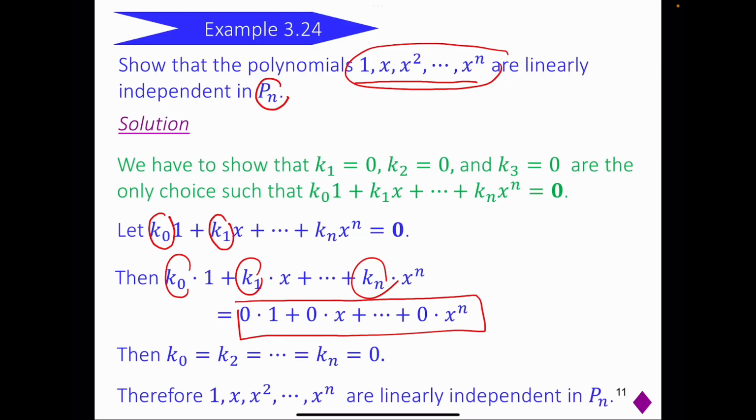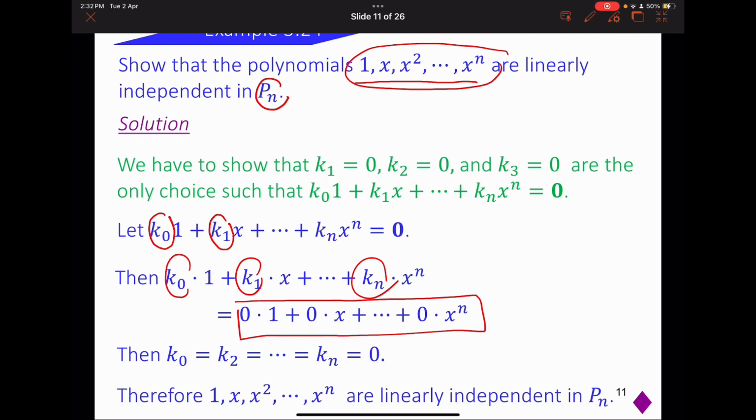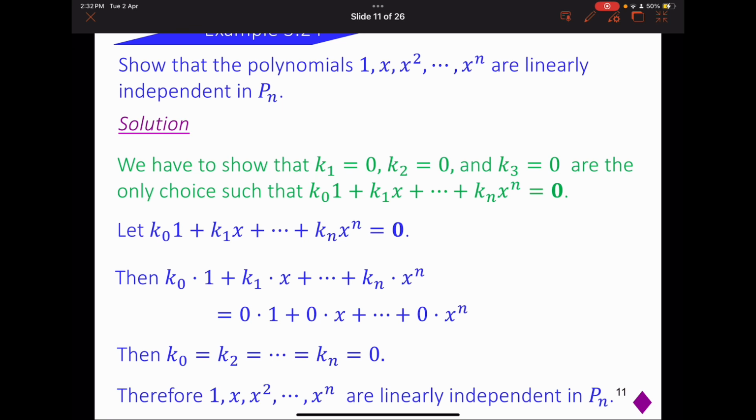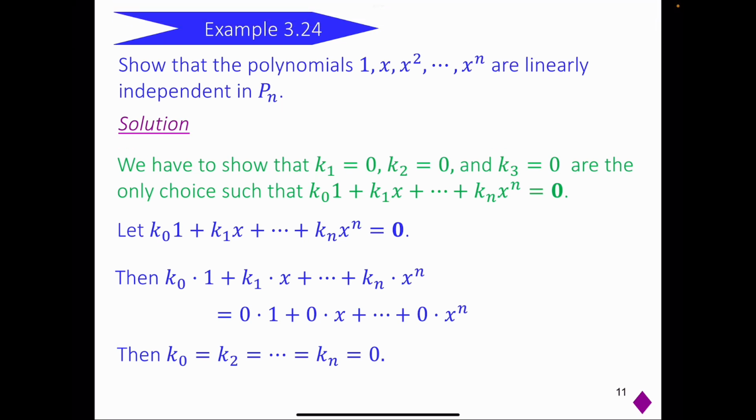So let me explain this again. Look at the left hand side and the right hand side. On the left hand side, the coefficient of 1 is K0, and on the right hand side, the coefficient of 1 is 0.